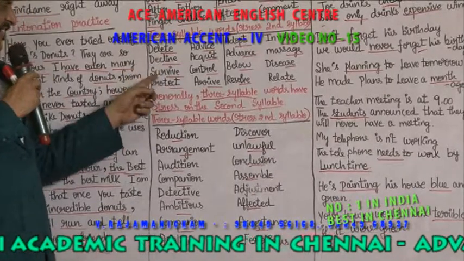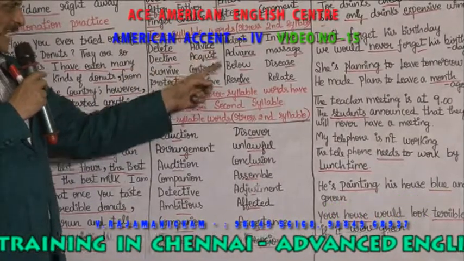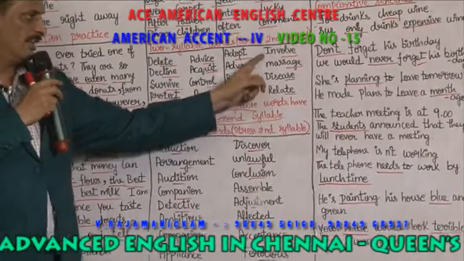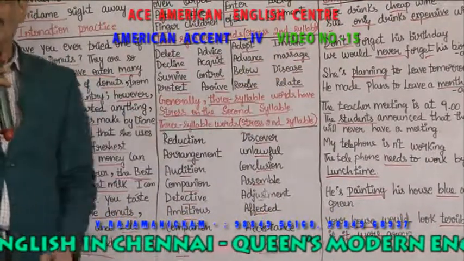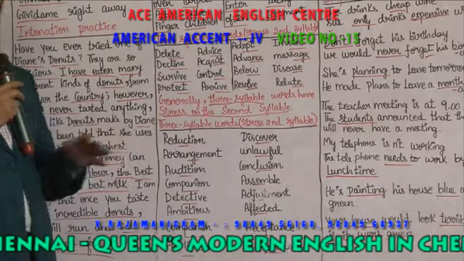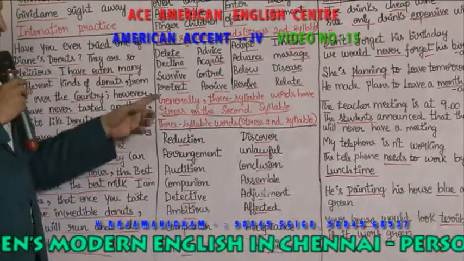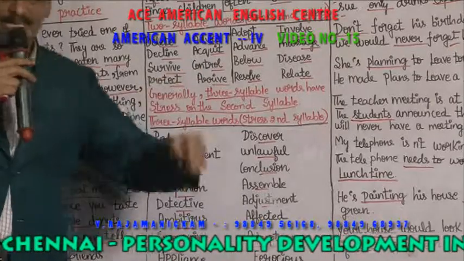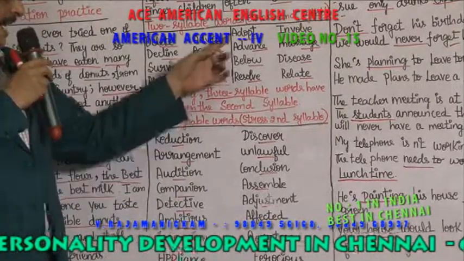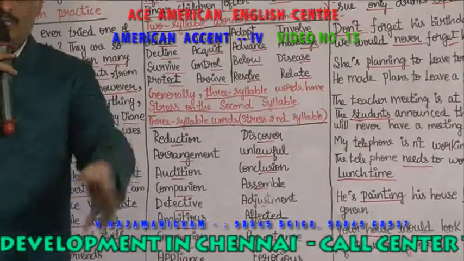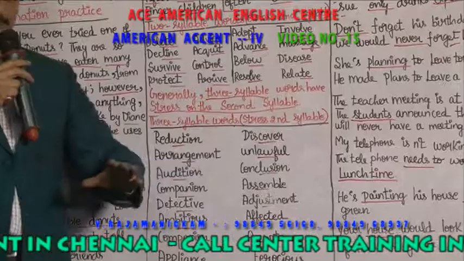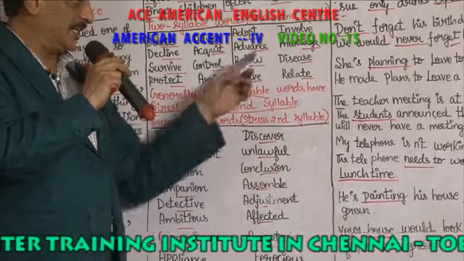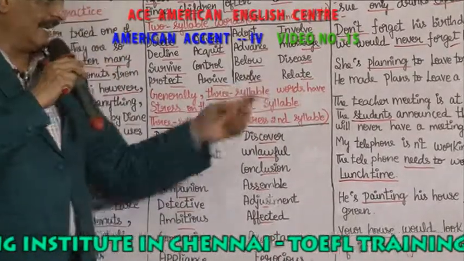Delete, decline, survive, protect, advise, acquit, control, arrive, adapt, advance, below, resolve, involve, message, disease, relate. இங்கே டிலீட்னா அழித்து விடு, டிக்ளைன்னா குறைந்து கொண்டே வருகிறது, சர்வைவ்னா ஜீவிப்பது, ப்ரொடெக்ட்னா பாதுகாப்பளி, அட்வைஸ்னா அறிவுரை கூறு, அக்விட் என்றால் விட்டுவிடு, கண்ட்ரோல் என்றால் கட்டுப்பாட்டில் வைத்திரு, அரைவ் என்றால் வந்தடை, அடாப்ட் என்றால் தத்தெடு, அட்வான்ஸ் என்றால் முன்தேதியிட்டு பணம் கொடு, பிலோ கீழே, ரிசால்வ் பிரச்சனைகளை தீர்த்துவிடு, இன்வால்வ் ஈடுபடுத்து, மெசேஜ் தகவலை அனுப்பு, டிசீஸ் நோய், ரிலேட் சம்பந்தப்படுத்து.